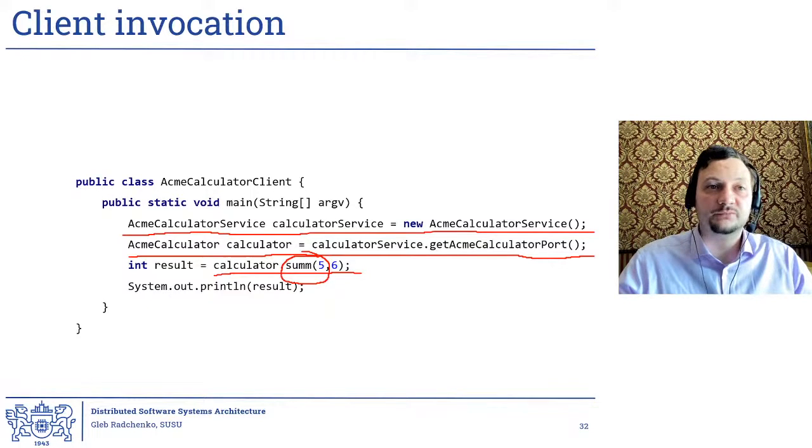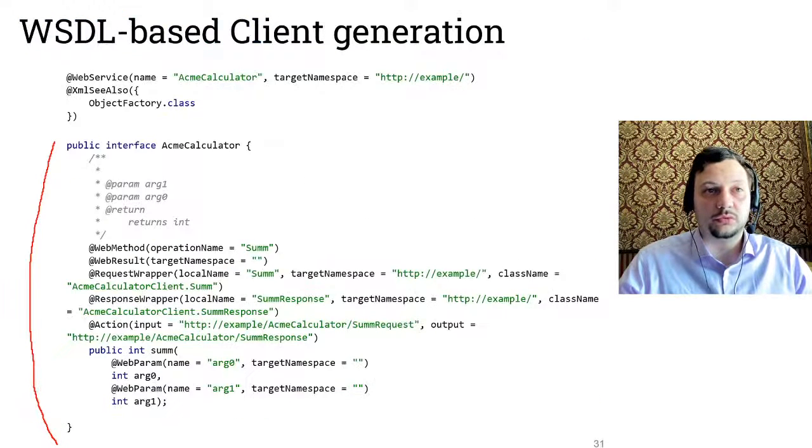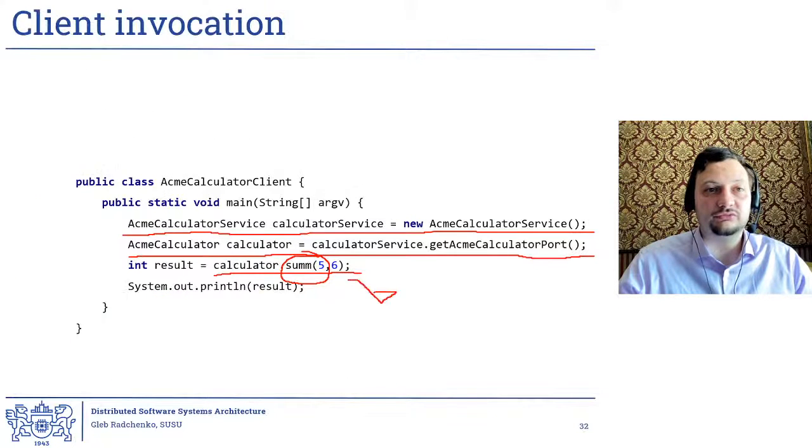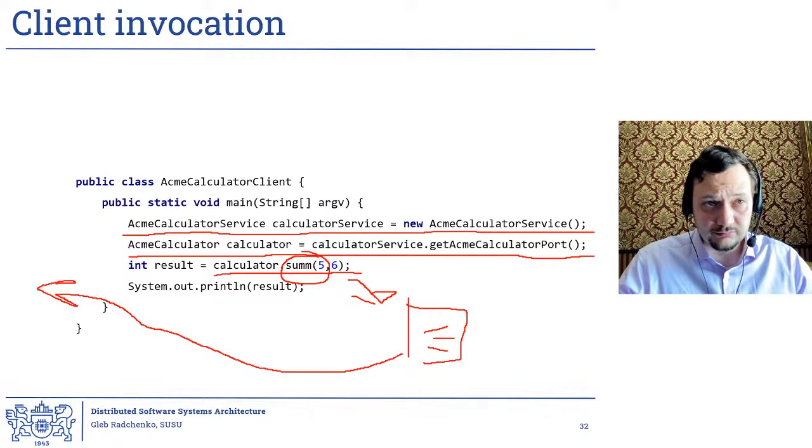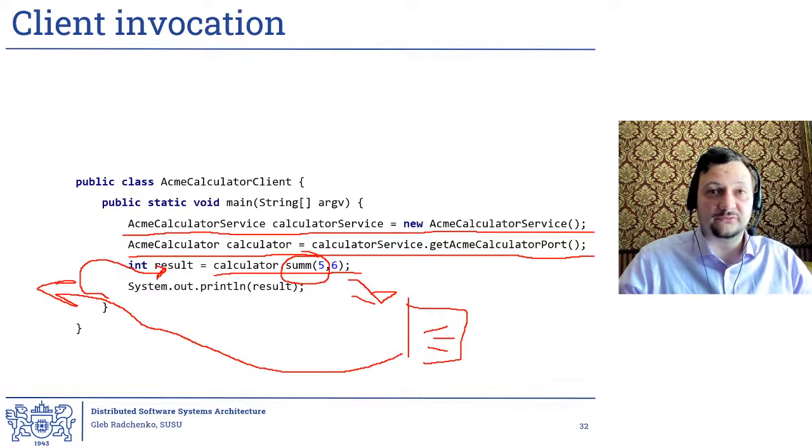But instead of executing this method on our machine, our client goes to the remote server, passes the parameters, and gets back the results that are passed as the results of the invocation of this remote procedure.